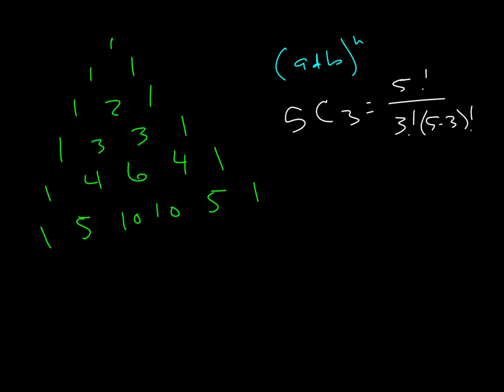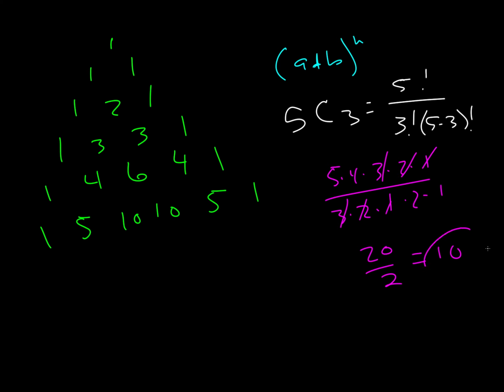And so if we do that, we get 5, 4, 3, 2, 1 on top. We get 3, 2, 1, 2 times 1. Okay, and so my 3, 2, 1 cancels 3, 2, 1, and then we get 20 over 2, or 10.